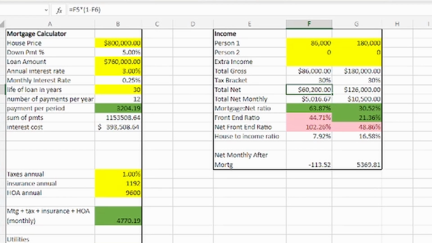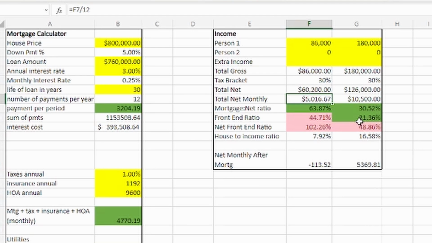They don't actually make $86,000. When we say we make $86,000, we don't. We make $60,000 because that's after taxes, right? Because we get taxes pulled out of our paychecks. So the net monthly income is only $5,000. It is not higher than $5,000, because that is what Uncle Sam takes out of your paycheck.